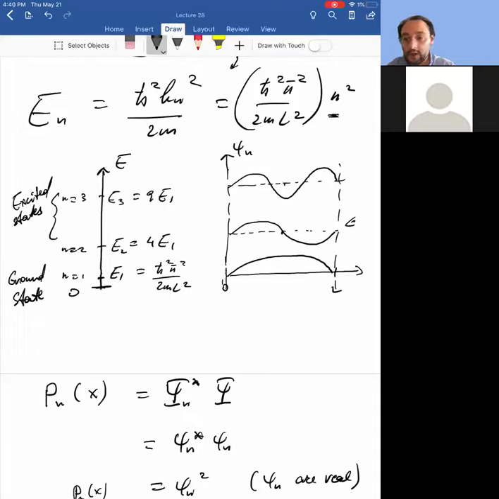All of these features, the ladder of states, increasing number of nodes, increasing curvature, non-zero energy of the ground state, all of that will apply to more realistic scenarios. So that's the advantage of looking at very artificial models.